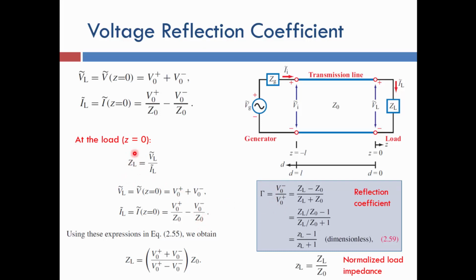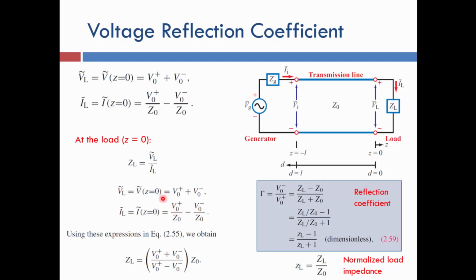We know the impedance at the load represents the ratio between the voltage across the load and the current which passes through the load. Any one of them represents the superimposition between the traveled and the reflected, for the current as well.